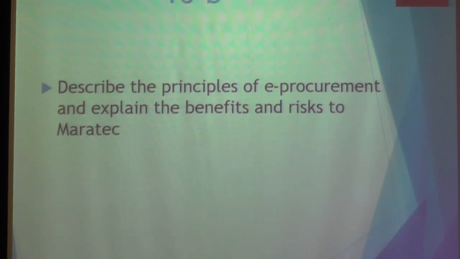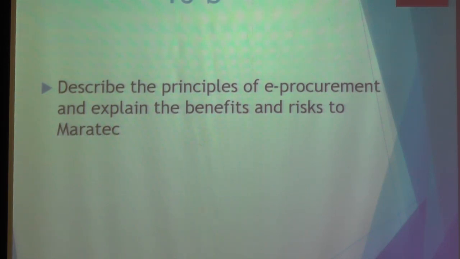10 marks. Describe the principles of e-procurement. You write your answer. Maybe they give it out of 5 marks. Explain the benefits and the risks to Maratech.